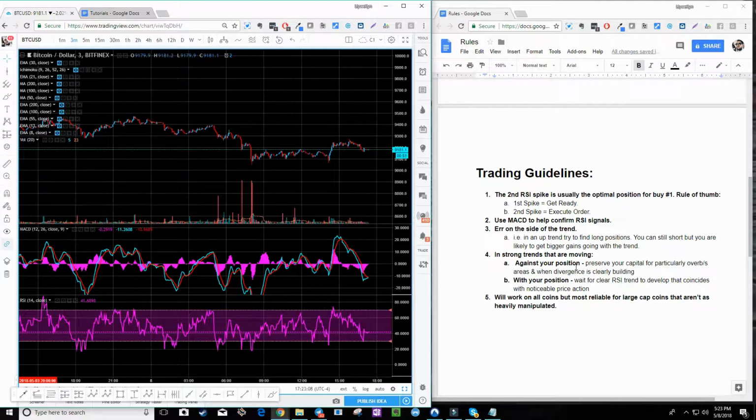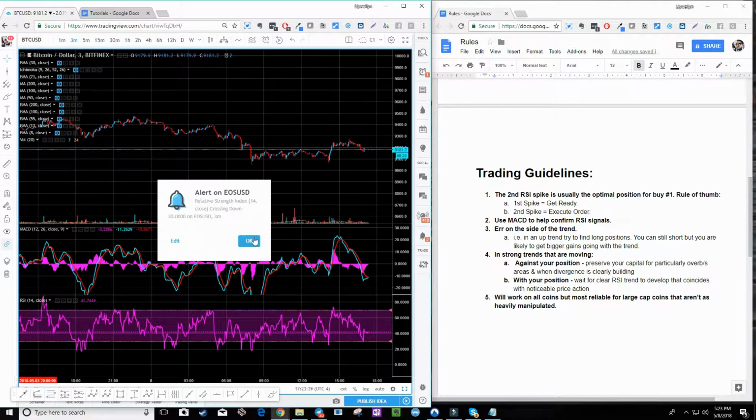So in strong trends that are moving against your position, I recommend you preserve your capital. If we're having a strong bullish trend and you're looking for a short, and you see the signals start to show but it's still not reversing, preserve your capital, particularly when it becomes very overbought or very oversold, or there's divergence building.